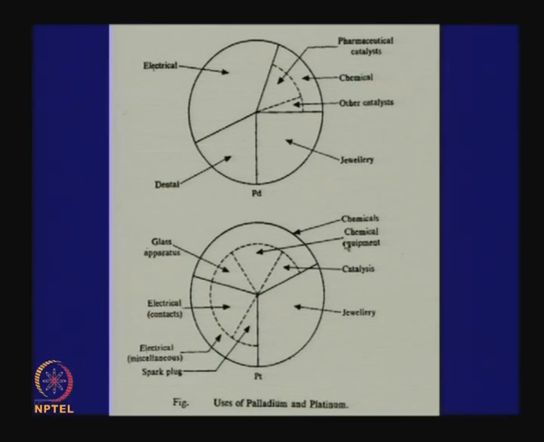Now, coming to uses of palladium and platinum, I have already mentioned quite a few things. Let me repeat some of them. Coming to platinum first, platinum is also used in jewelry. Unfortunately, platinum as a metal is not that very attractive.